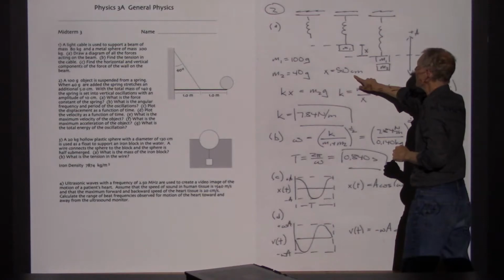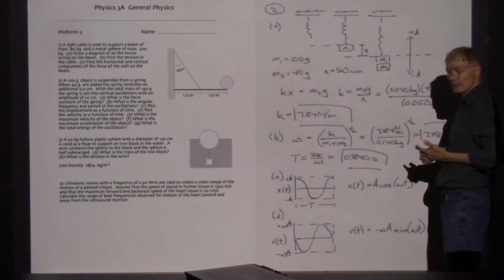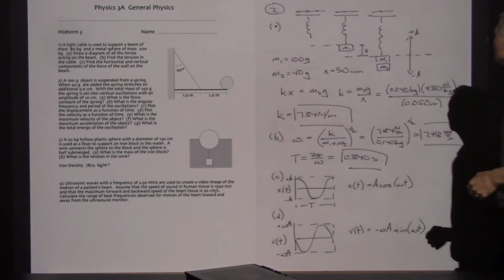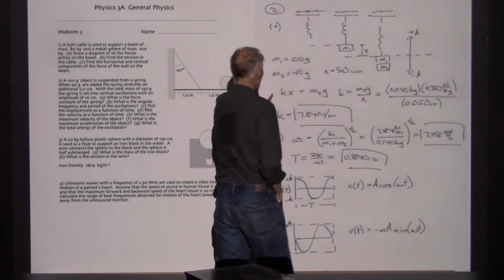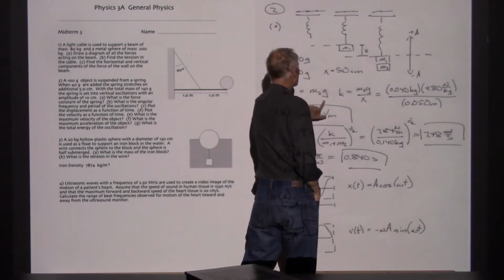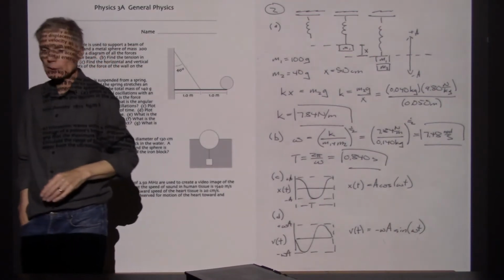Now it turns out for ideal springs that behave linearly, I can take k times x, the additional amount of the stretch, and that will equal the additional force. And the additional force was m2g.